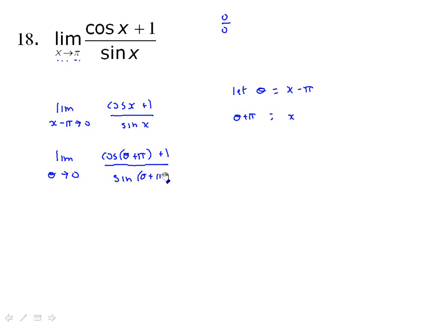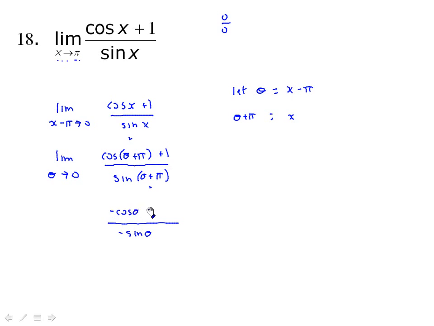Okay, no cause for concern there. Now, keep going with this one, we see we have the use of two identities for this one and this one. So we replace the sine of theta plus pi with negative sine theta. Okay, and then in the numerator, cosine of theta plus pi is equal to negative cos theta.